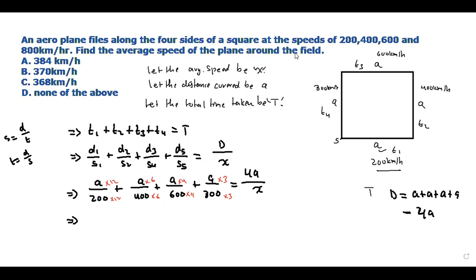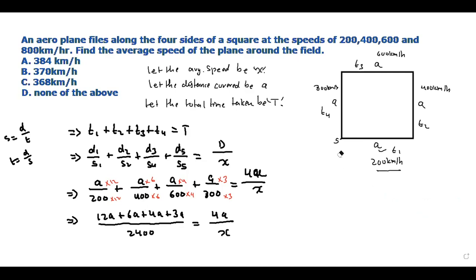So you will get 12a plus 6a plus 4a plus 3a, divided by the common denominator 2400, equals 4a divided by x. Now you add 12 plus 6 plus 4 plus 3 and you will get the answer.